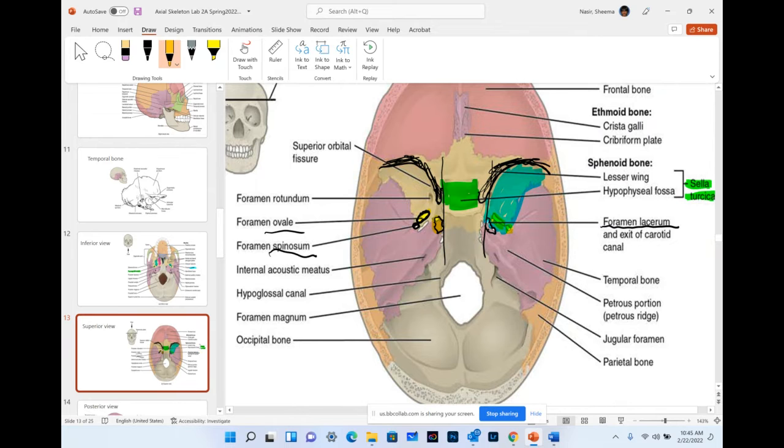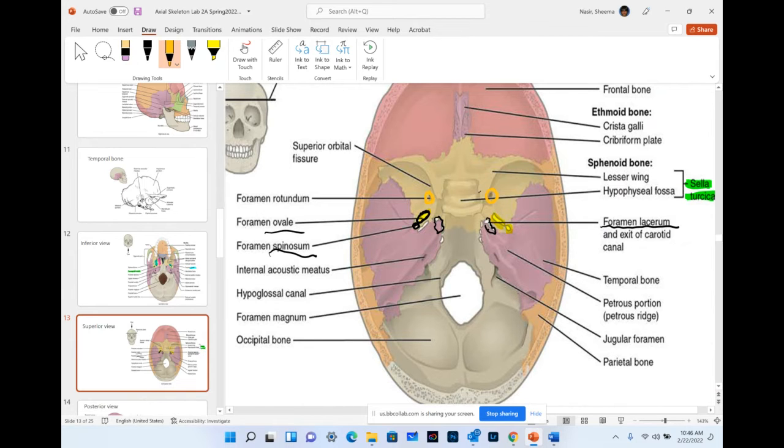Right behind the superior orbital fissure, from the inside, you see this hole right there? See this hole right there? And there is one on this side too. That is called foramen rotundum.